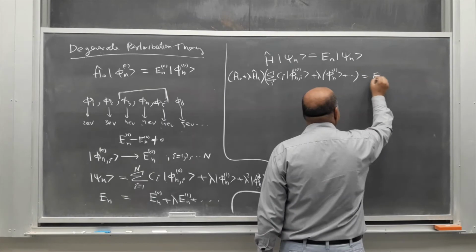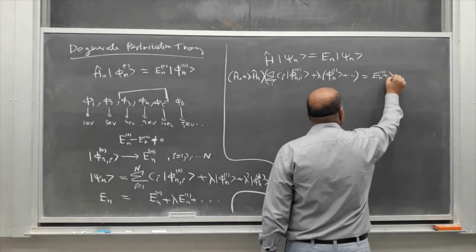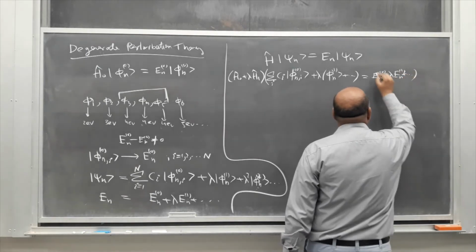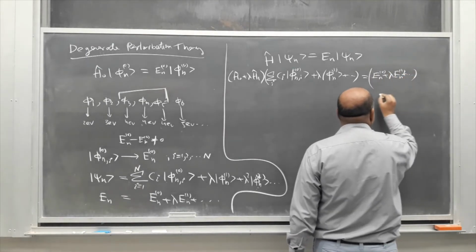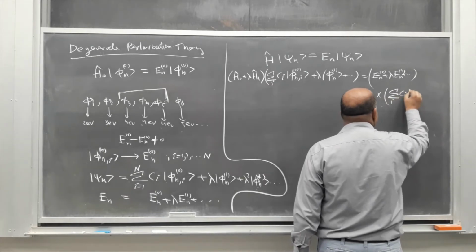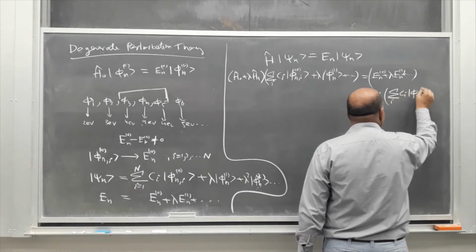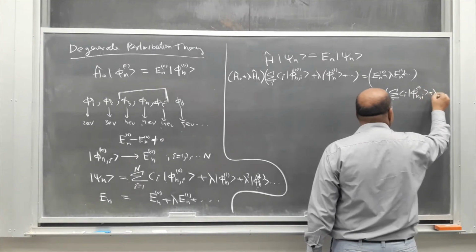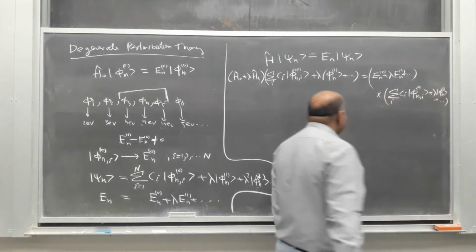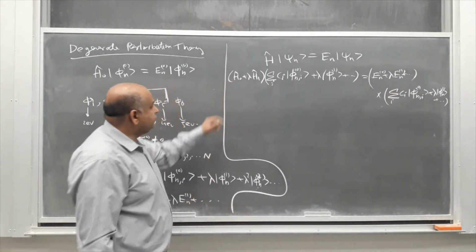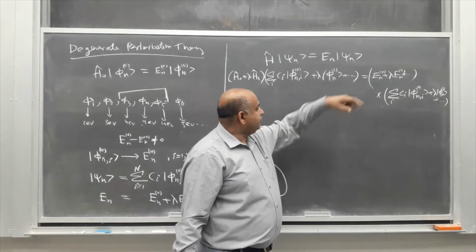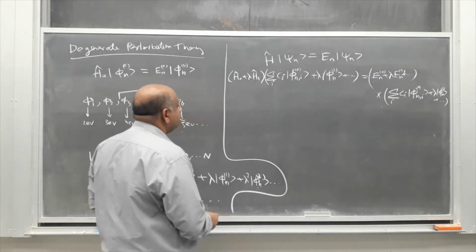En is En0 plus lambda En1 and so on. Similarly, psi n again is sum over i Ci phi ni 0 plus lambda phi n1 and so on. So this time I'm only interested in the first order correction, so I'm not even going to bother about lambda square and so on terms.